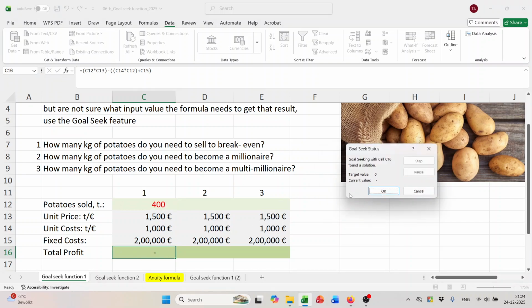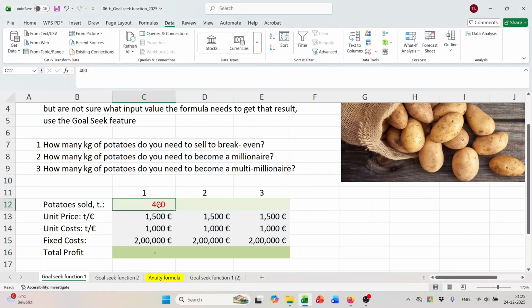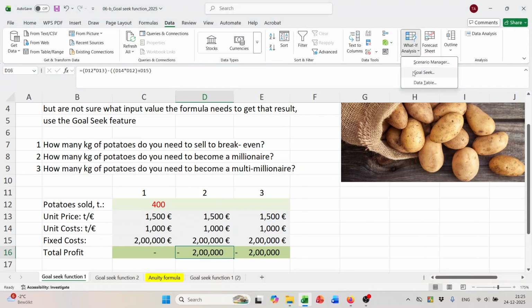So if I press OK, I can see that if I sell 400 tons of potato, our total profit will be 0. So let's copy down this formula here, and we want to do it for task 2. How many kg of potatoes do we need to become a millionaire? We want our profit to be 1 million. So we can also do it with goal seek.